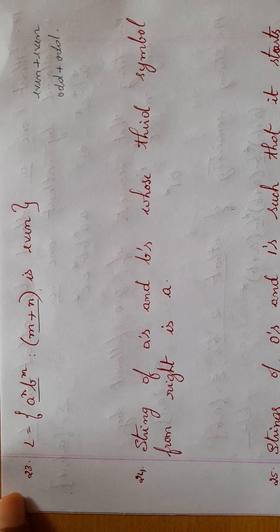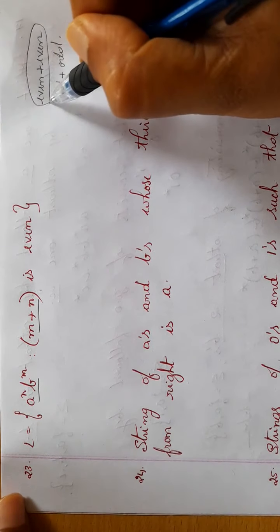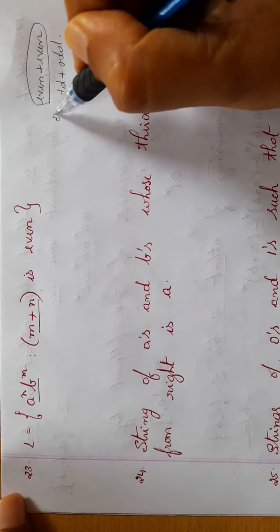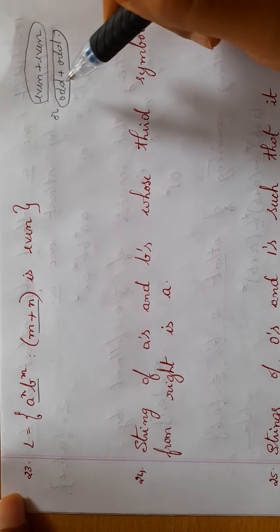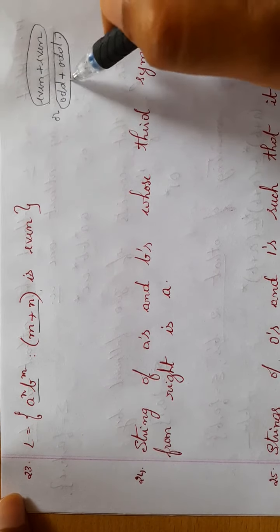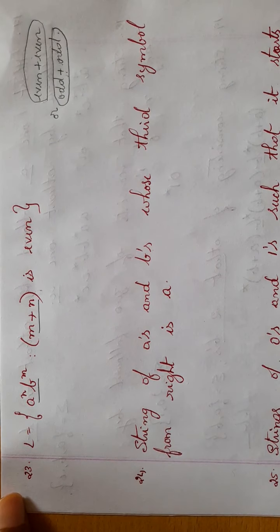So you have two combinations: either an even number of A's and an even number of B's, or an odd number of A's and an odd number of B's. Based on this we will write a regular expression now.